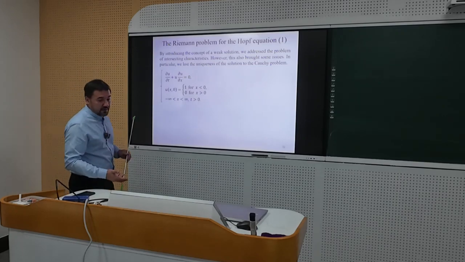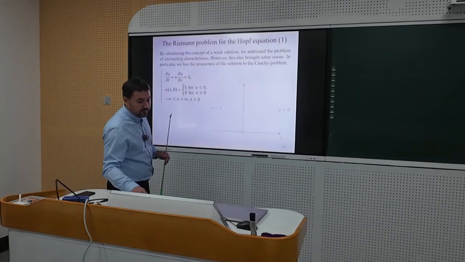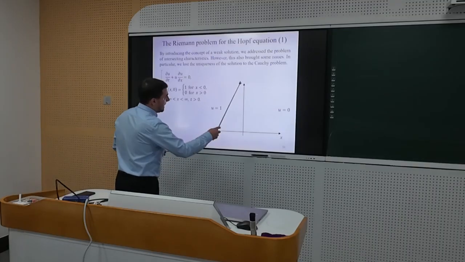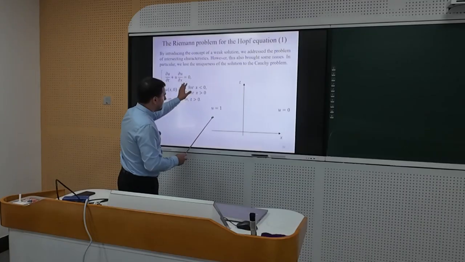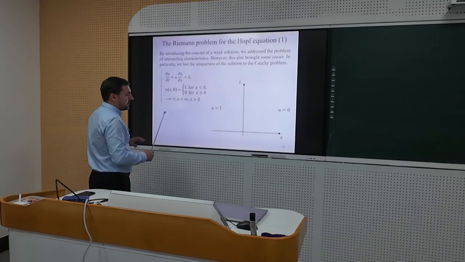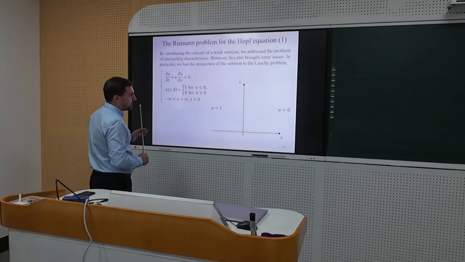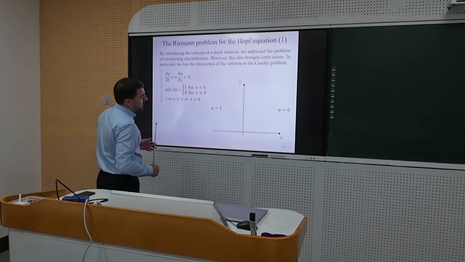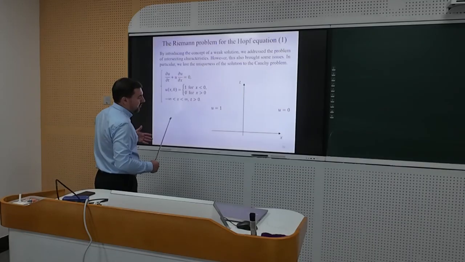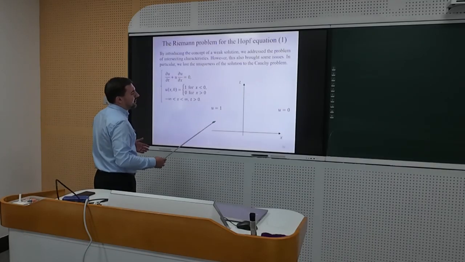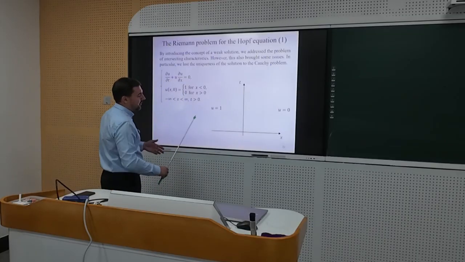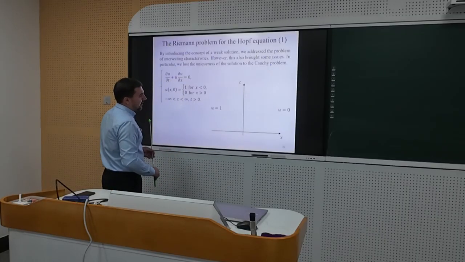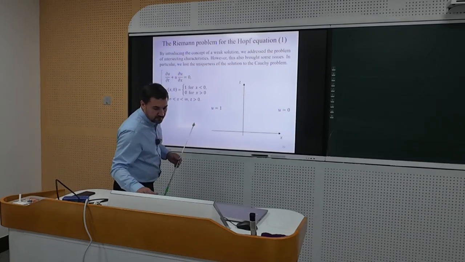Let's try to construct the solution for this Riemann problem. In the xt diagram, this is u equals 0, u equals 1, as I have shown. We know that the solution can be defined using characteristic lines, and the solution propagates along these characteristic lines. So let's plot characteristics in this case.